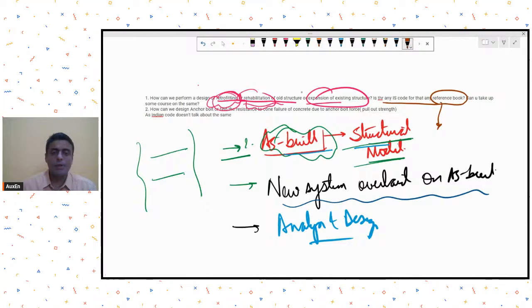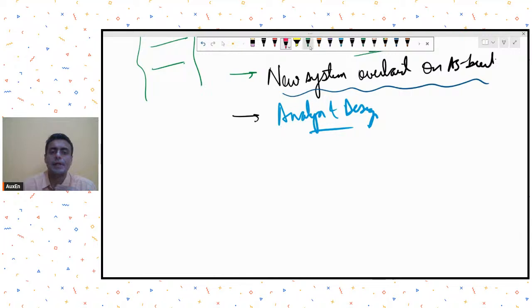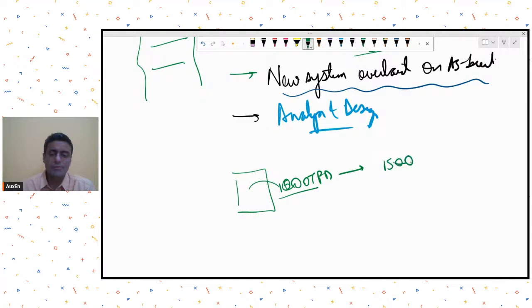We had done one project where there was an existing cement plant. There were different buildings of that cement plant, and the structures were constructed for some capacity. I don't remember the figures, but it was a small cement plant, I think 1,000 tons per day or something like that, and then they wanted to enhance it to some 1,500 tons per day capacity. Because they wanted to enhance the capacity using the same structure, they wanted to do retrofitting for it.